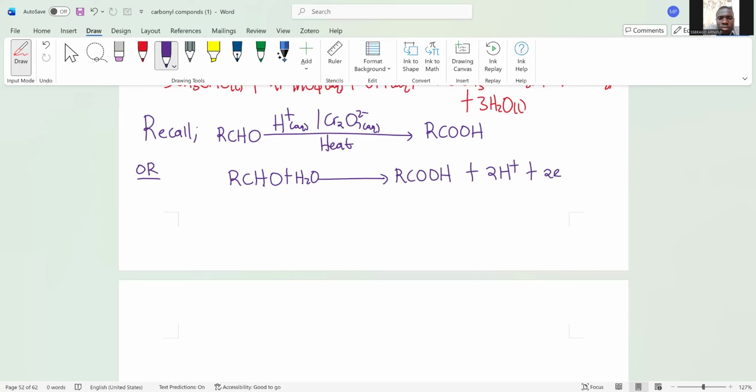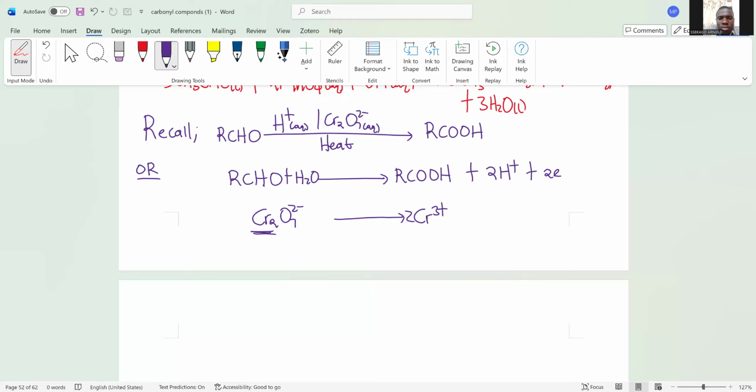Then I also look at dichromate 6. Dichromate 6 is taken to chromium 3 ions. Now you see, on the left-hand side, I have 2 atoms of chromium. So I will need the 2 here.